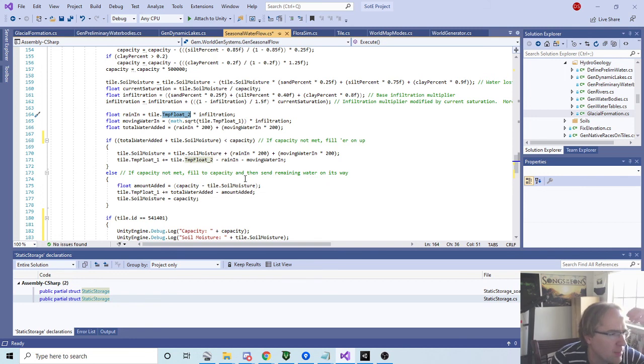Why are we subtracting? Oh no. Right. We're adding tile temp float 2, which is the amount of rain that we would have, minus rain in, minus moving water in. No, yep, that's right. And the remaining goes to temp float, which is our moving water in tile, which then moves on to other tiles.